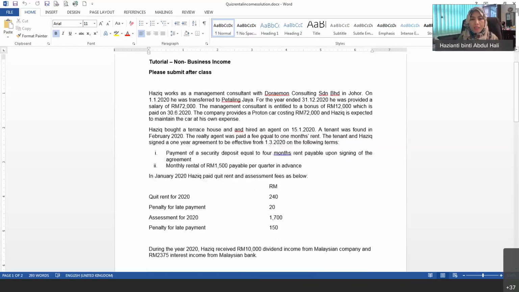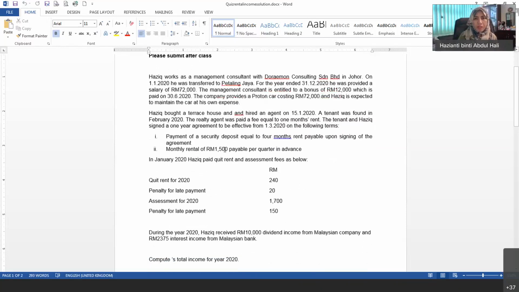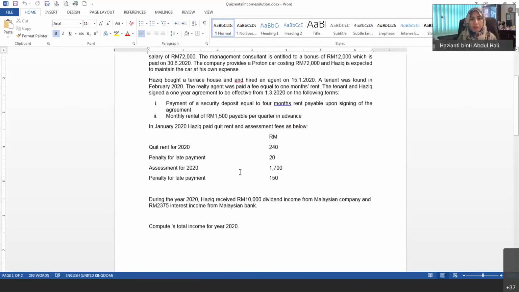He bought a house, hired agent, tenant was found, payment security deposit equal to 4 months rent payable upon signing of the agreement, monthly rental, and paid quit rent and assessment fee, quit rent for 2020, penalty for late payment, assessment for 2020, penalty for late payment for 2020. And during the year, he received 10,000 dividend income from Malaysian company and 2,375 interest income from Malaysian bank. So you have to compute Haziq's total income for year 2020.